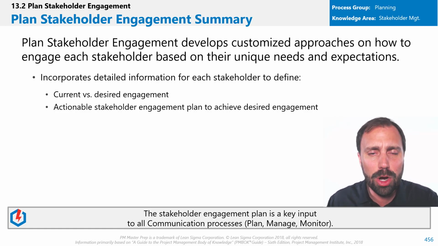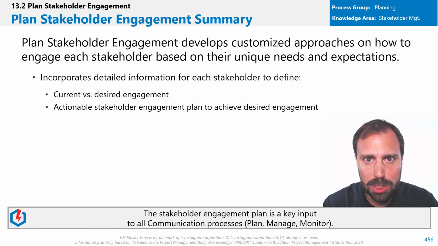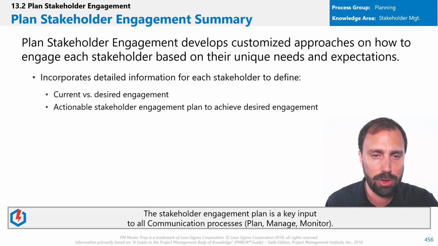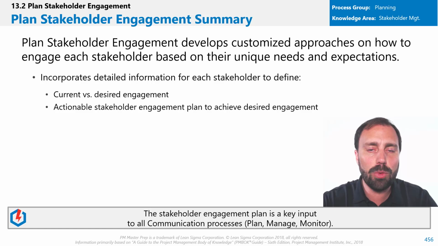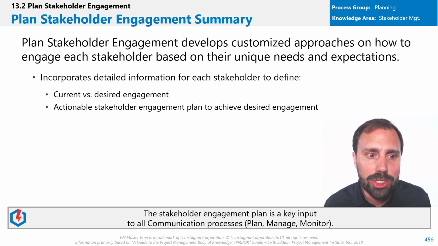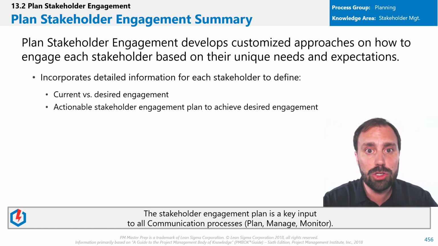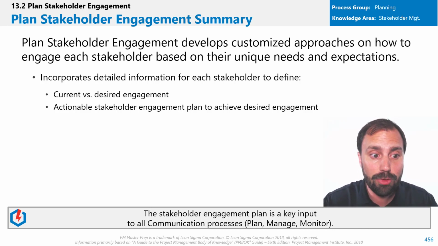Where are they now? Where do we want them to be? And then this process helps us make that jump, helps us push them and guide them to the place where we need them for the project. So current versus desired engagement. And by doing that, we're going to create not just hopes and dreams and wishes, but actionable stakeholder engagement strategies. That's what the plan is to achieve our desired engagement from each stakeholder.